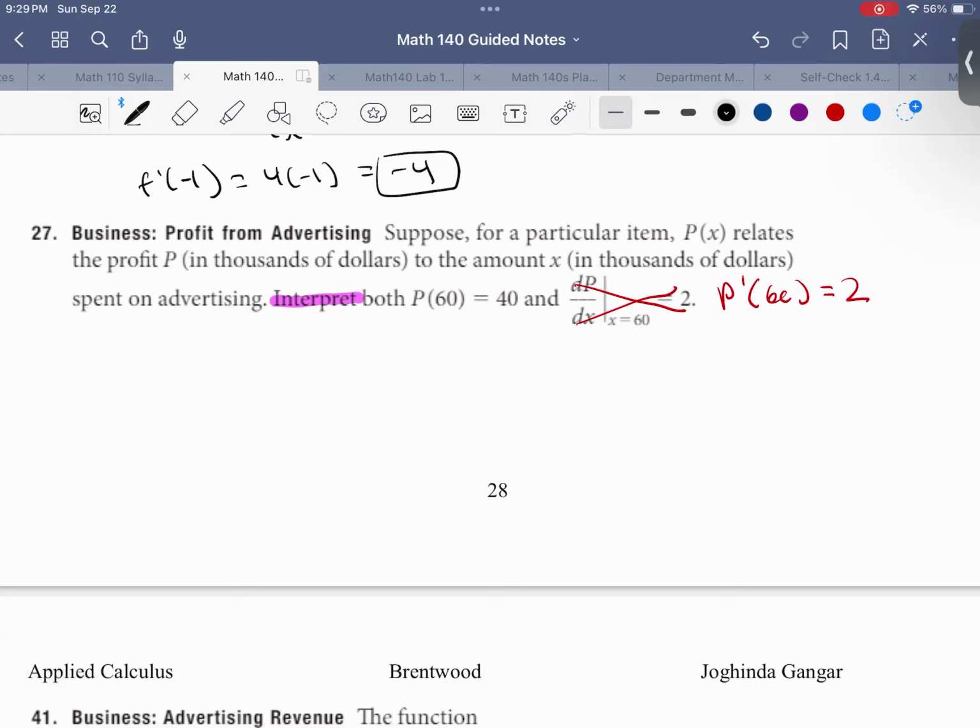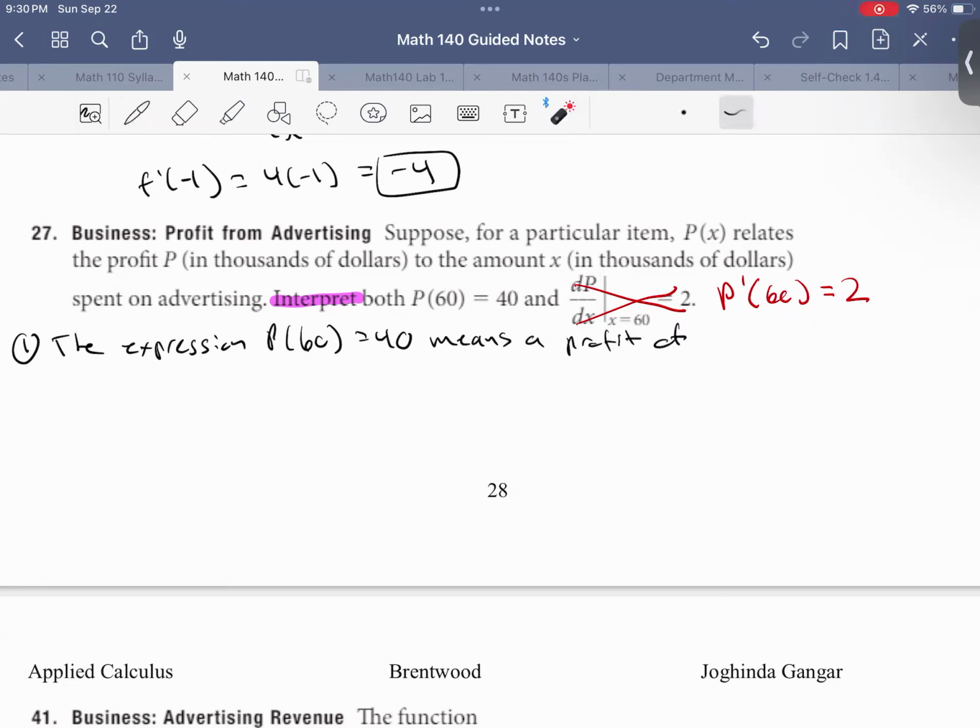So the first one, the expression p of 60 equals 40 means a profit of how much? A profit of not $40, but $40,000, right?